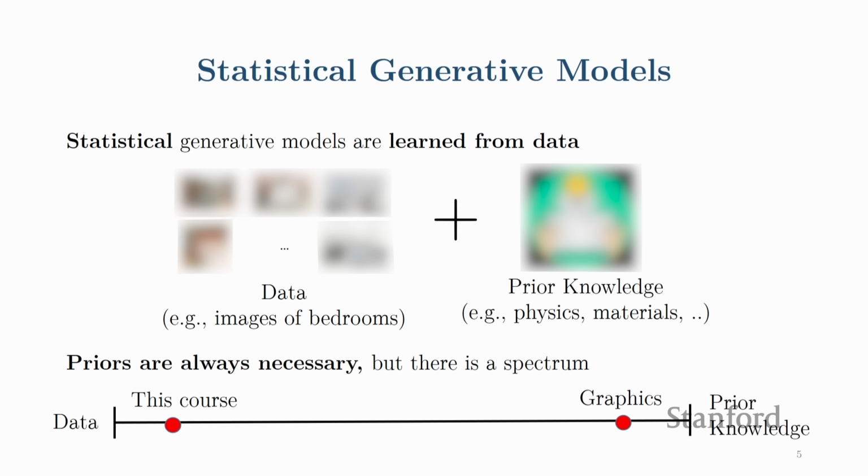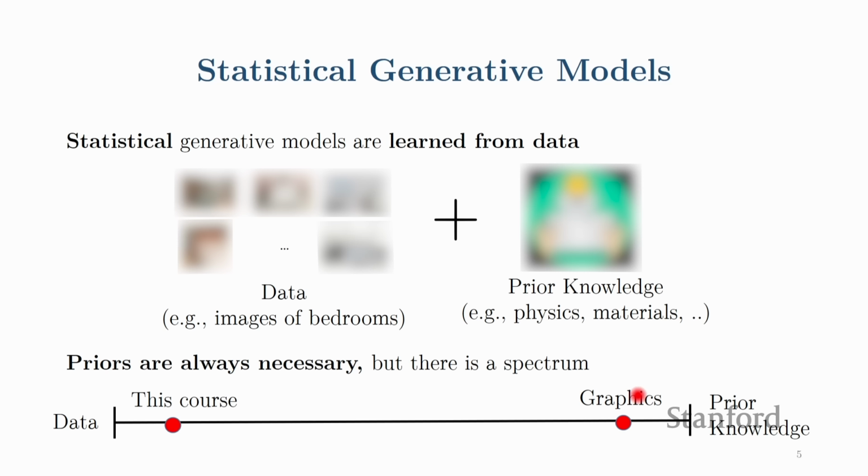You can rely more on data, or you can rely more on priors, and you can think of computer graphics as lying on this extreme, where you leverage a lot of knowledge about physics, about light transport, about properties of objects to come up with good renderers. This course is going to be focusing on methods that are much more data-driven, where we're going to be trying to use as little prior knowledge as possible and instead leverage data.